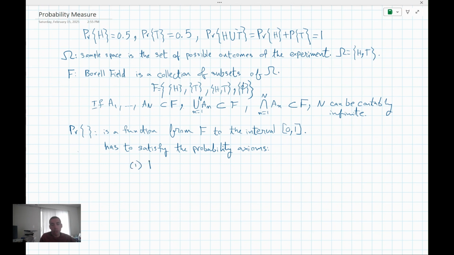The probability of an event is non-negative, which means it's greater than or equal to 0. 2. The probability of omega is equal to 1. Why? Omega is the set of all possible outcomes, so the probability of omega has to be 1.